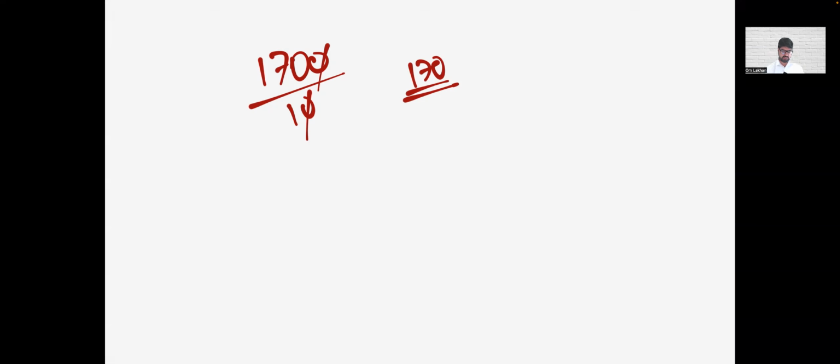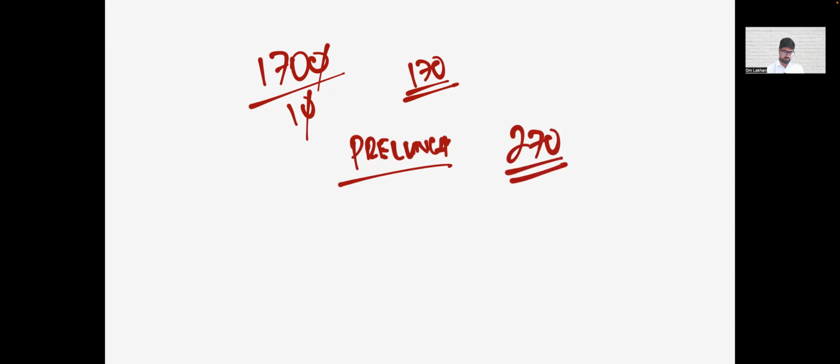But let's look at the scenario. Let's say the patient's pre-lunch sugar was 270. Now our target before lunch was 100. The patient is about to consume 48 grams of carbohydrate.